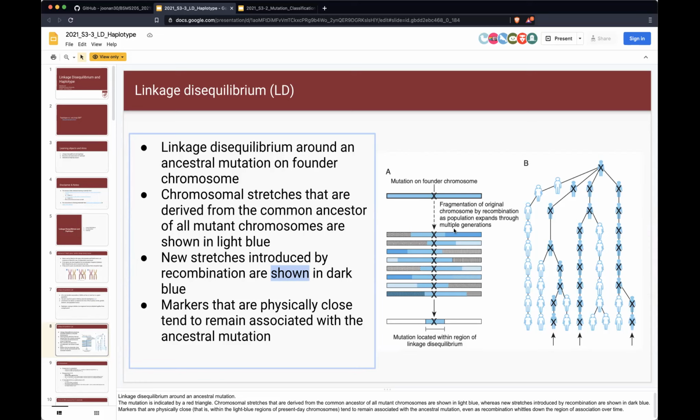So ultimately, these regions, like the light blue region, which are in linkage, form LD blocks, or we can say haplotype blocks. And if you look at the present generation's genome, there must be a lot of block-type regions which form the LD patterns in our population.